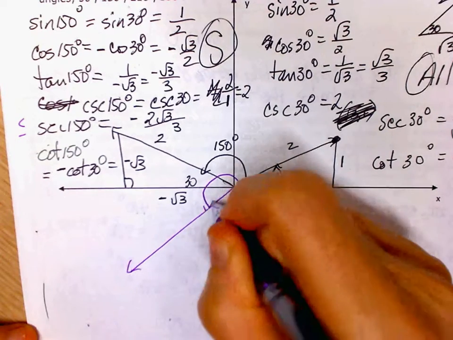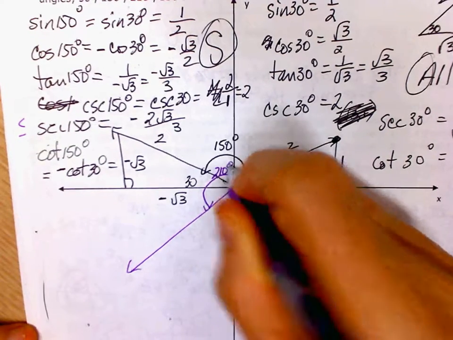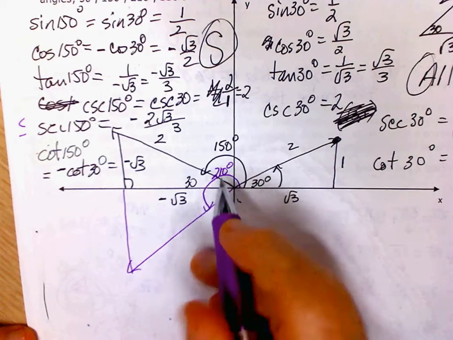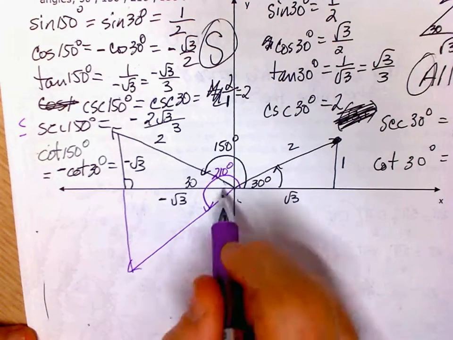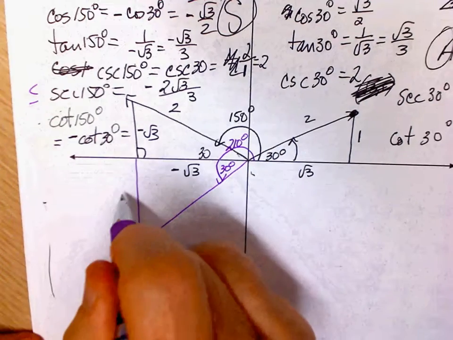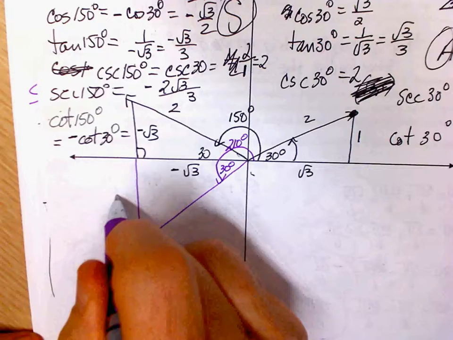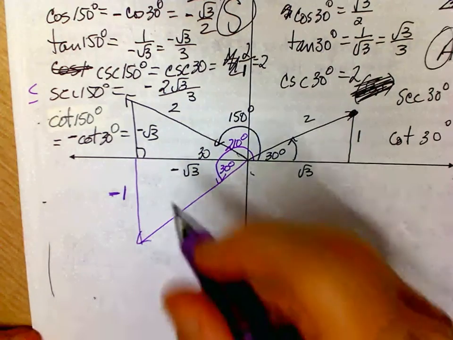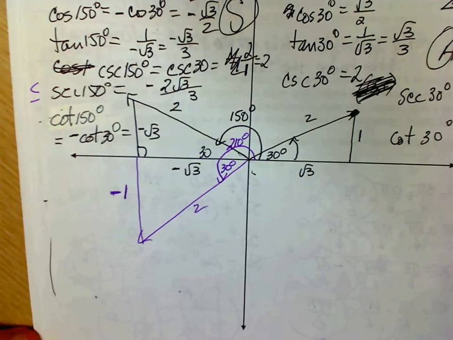This is 210 degrees. So notice a related angle again. Here the angle between the x-axis and the terminal arm is 30 degrees. So now opposite the 30 is a negative 1 because it's below the x-axis. Hypotenuse is always positive.